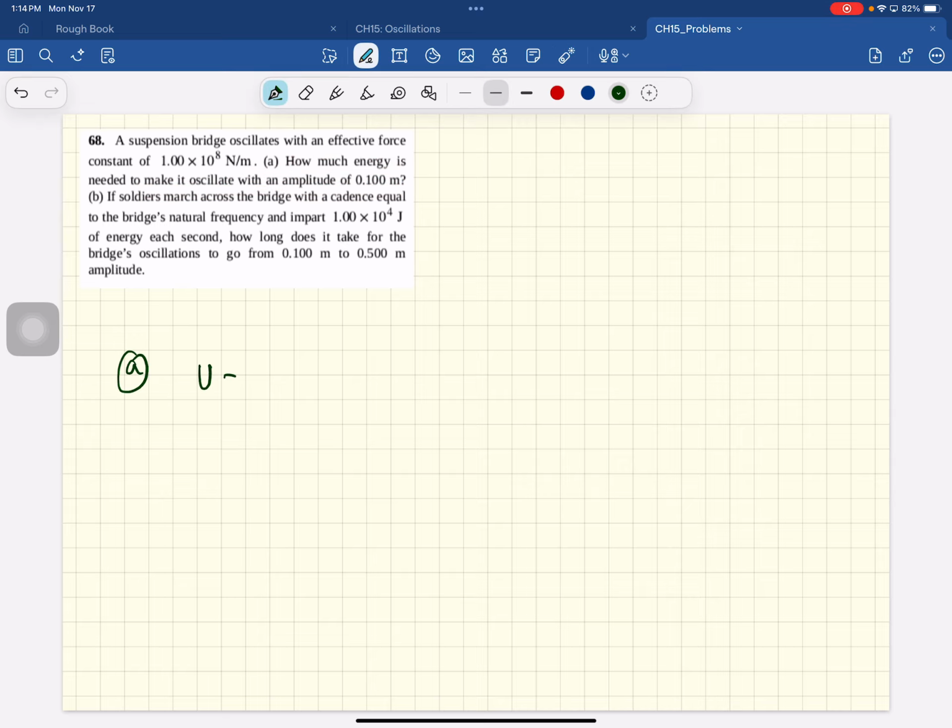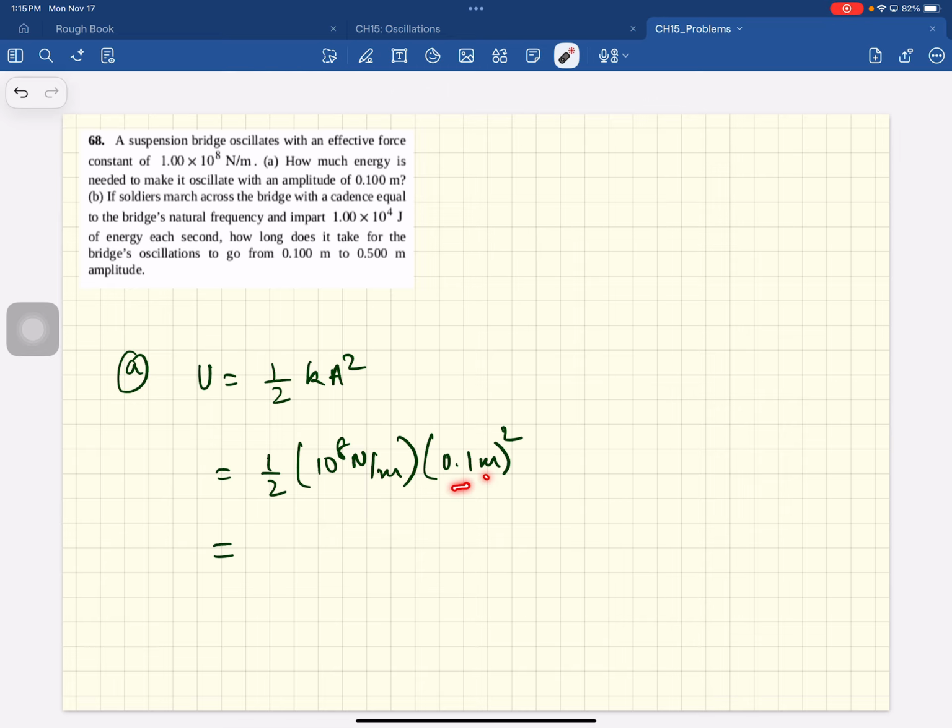So the amount of energy needed to make that spring oscillate is 1/2 k a squared, where a is the amplitude of oscillation. So 1/2 times 10 to the 8 Newton per meter times 0.1 meters squared. So this is 10 to the minus 2.